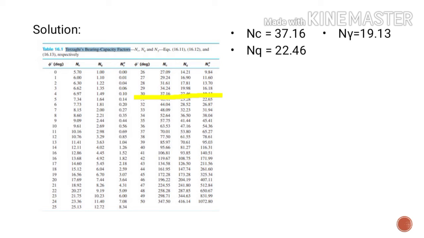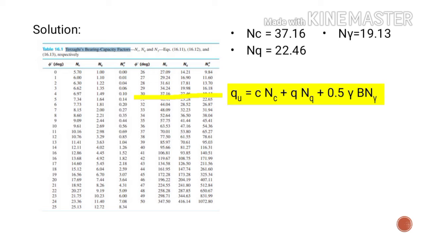Since this specific example is a strip foundation, we need to use the strip footing formula, which is Q sub U equal to C, the cohesion, times N sub C, plus Q times N sub Q, plus 0.5 times the gamma, or the unit weight, times the base of the footing times N sub gamma.